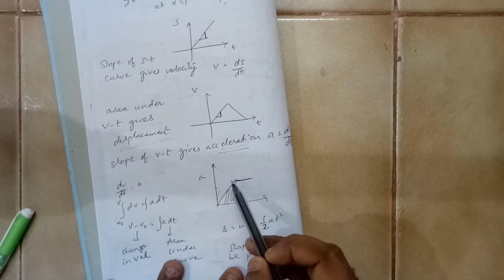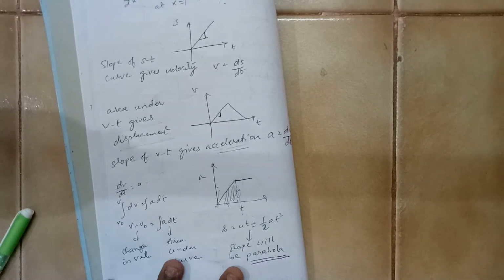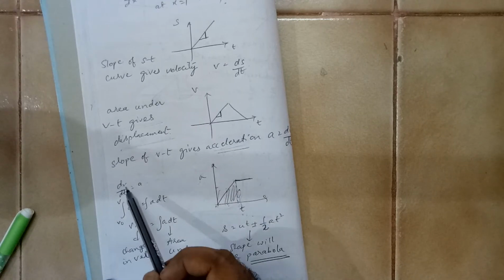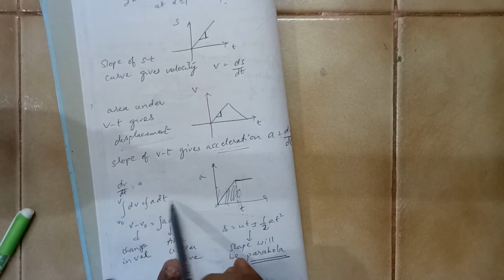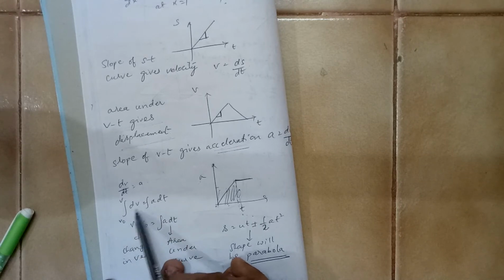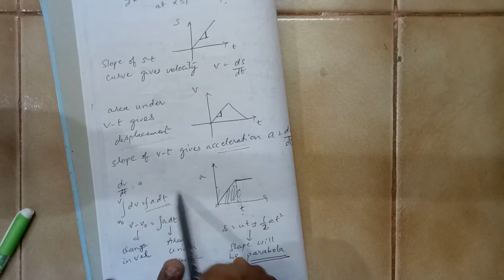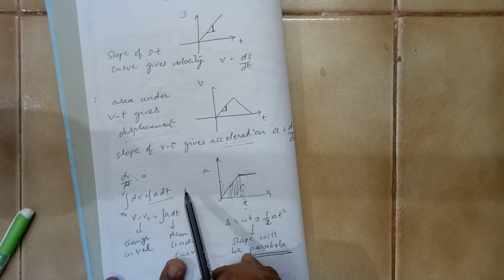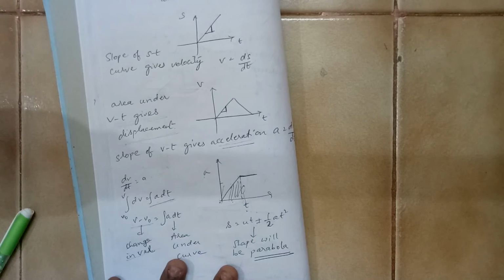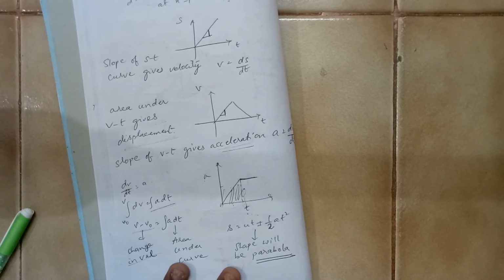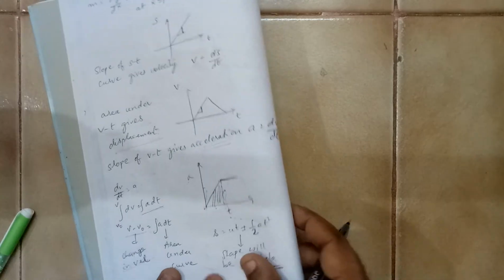It will give the difference of velocities at this point and this point. Why? Because dv by dt is equal to a, so dv is equal to a dt. If you integrate both sides, you have to put the initial and final values of velocity. And this is the area under the curve. So the area under the curve gives you v minus v0, which is the change in velocity. It's a very important point. Please remember that.